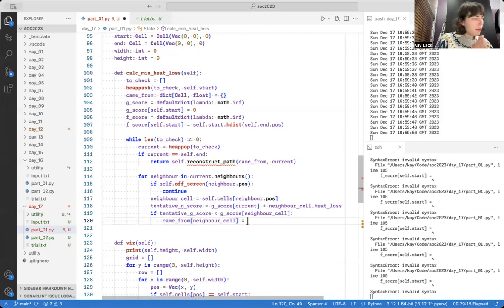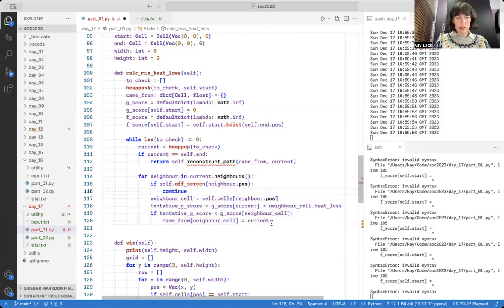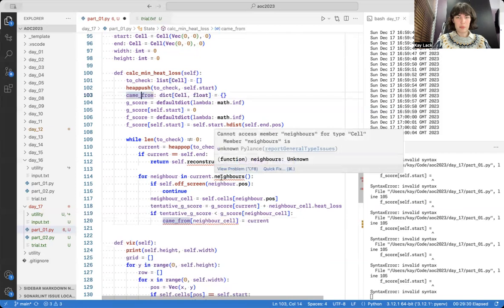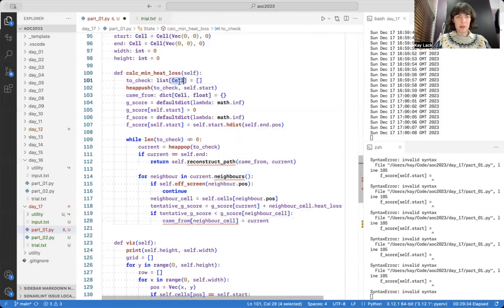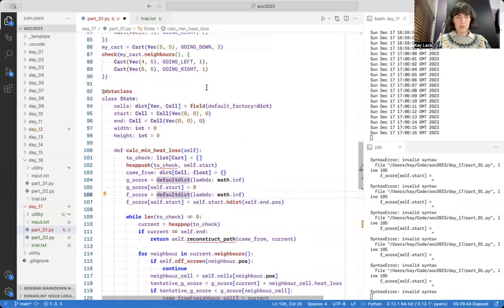Okay. Came from, oh, so fiddly. What is current? Current is cart.